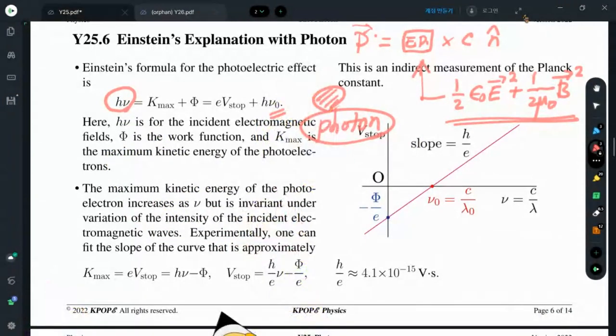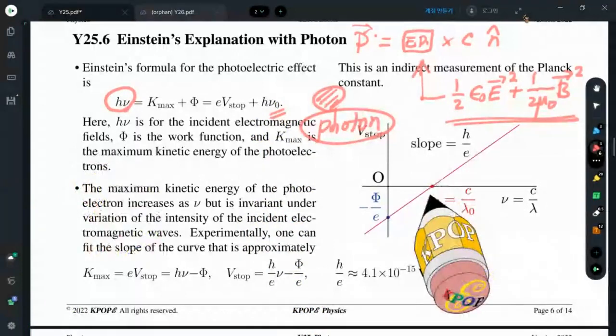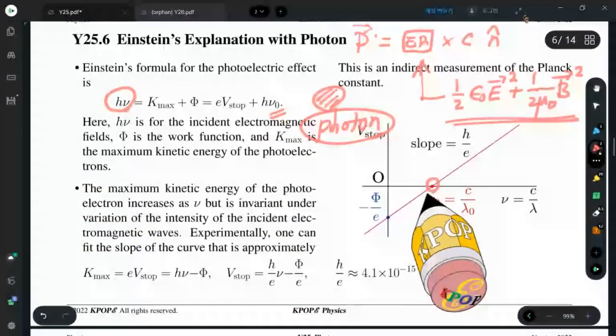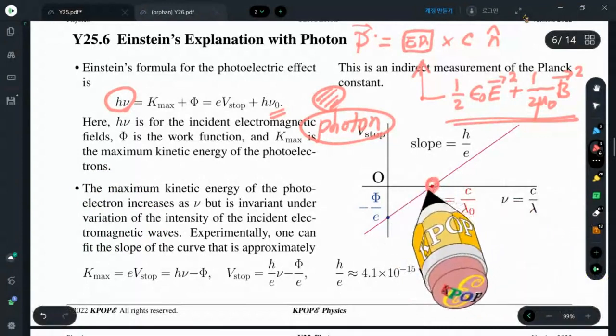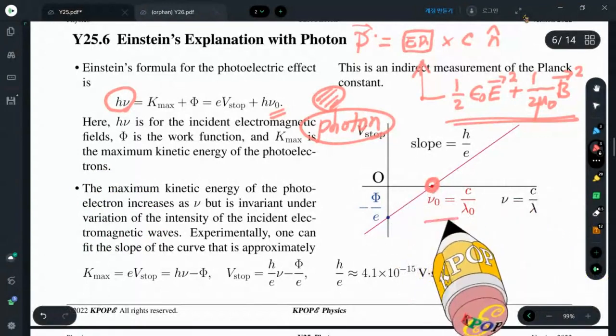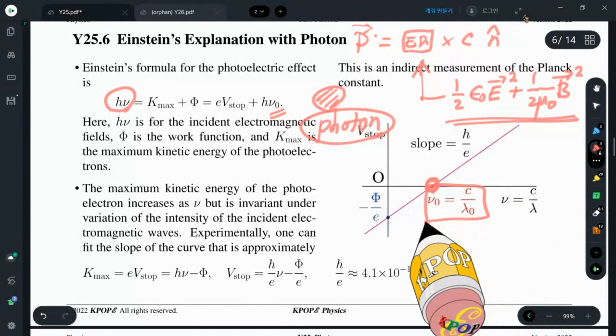Okay, so when the energy is greater than this, the frequency should be greater than this threshold value.